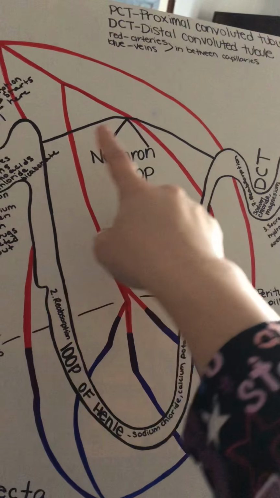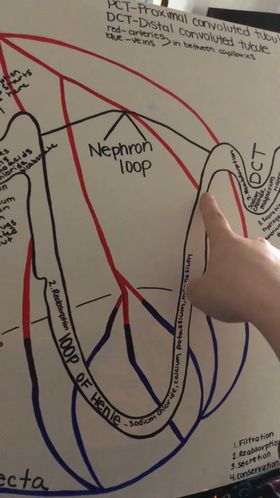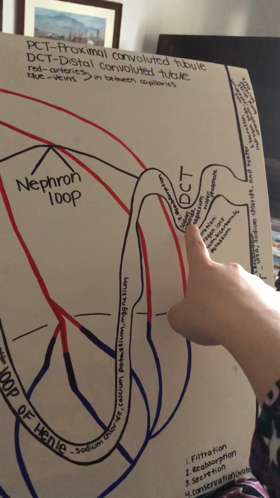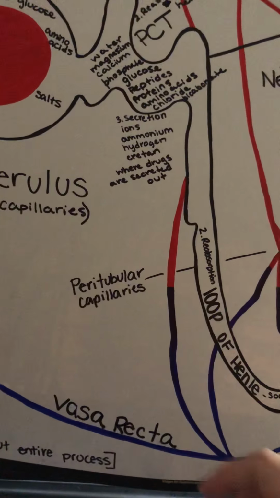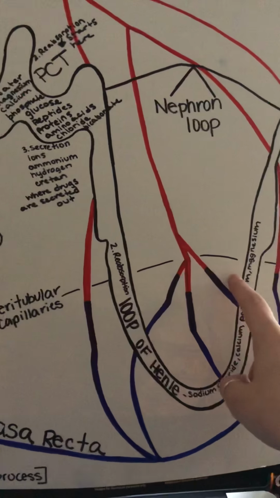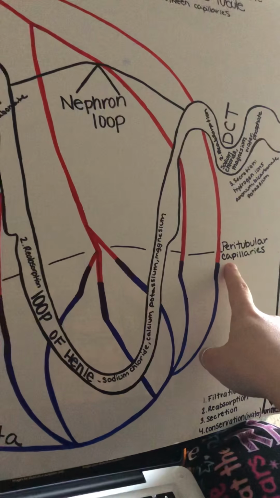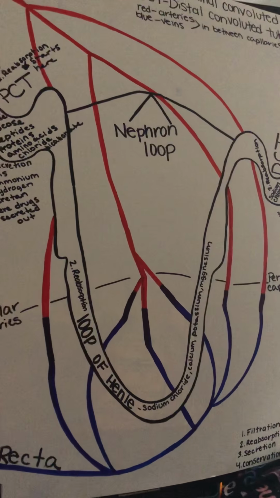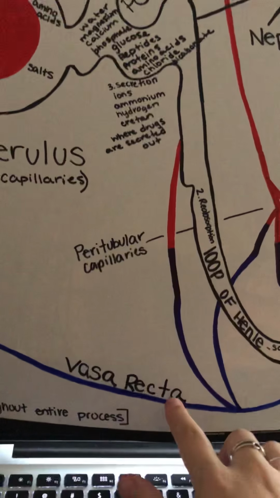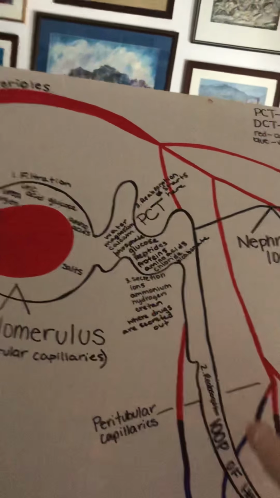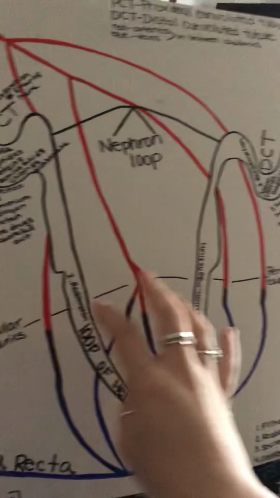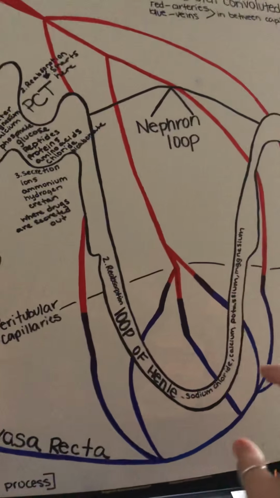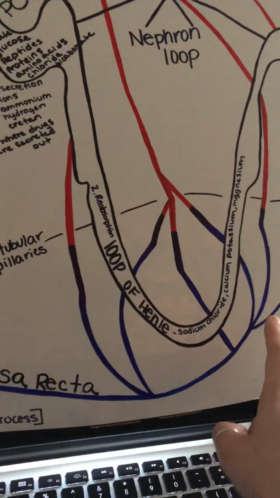The nephron loop here, the DCT, which is the distal convoluted tubules, the peritubular capillaries, you can see with this line here, and the vasa recta, which is down here. You can see that the red is the arteries. Here is the capillaries, and here is the veins down here in the blue.